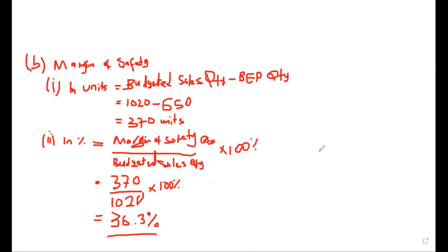Next question is C. So question C is asking us to calculate the quantity which we are required to sell in order for us to meet or to make a target profit of 3 million.